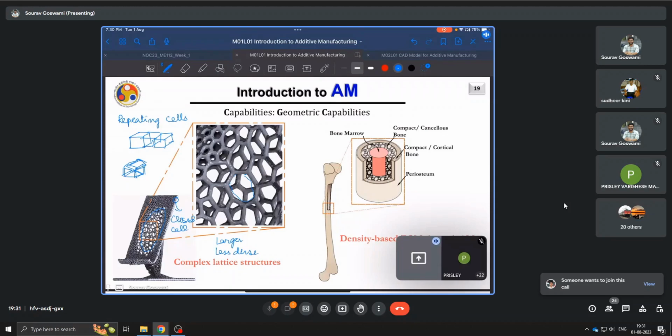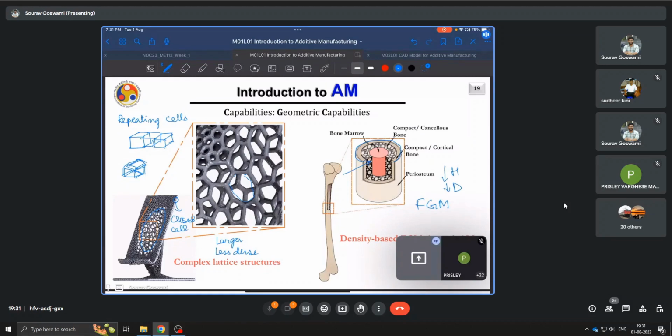On the right, we have an example of the human bone. Again, this is an example also of a functionally graded material because on the outer periphery, the bone is hard as well as it is dense. Whereas as you go inside radially towards the center, what you have is a decrease in hardness and a decrease in density.